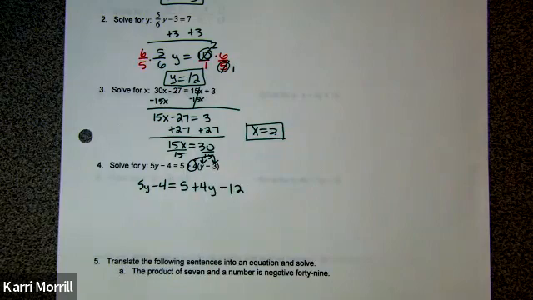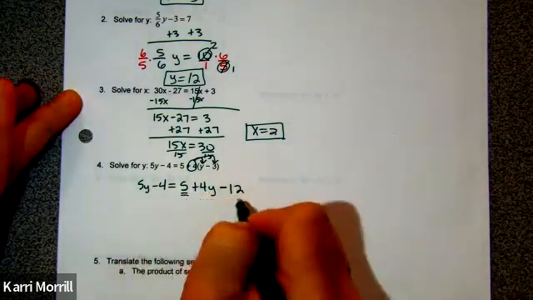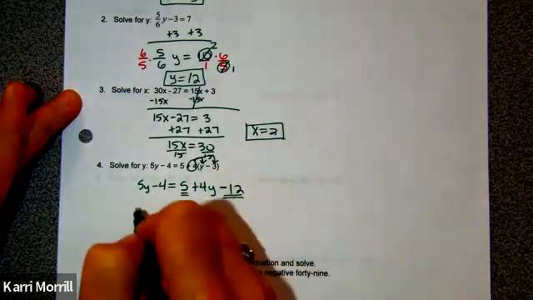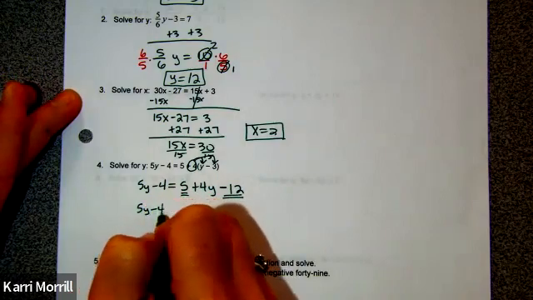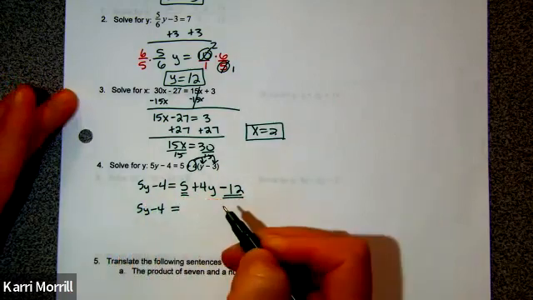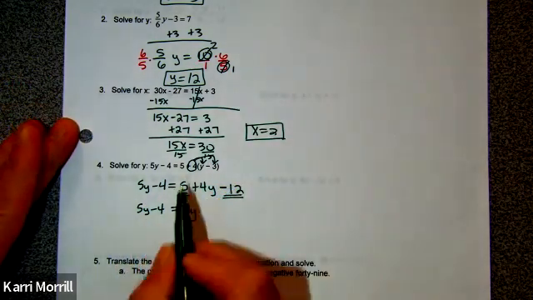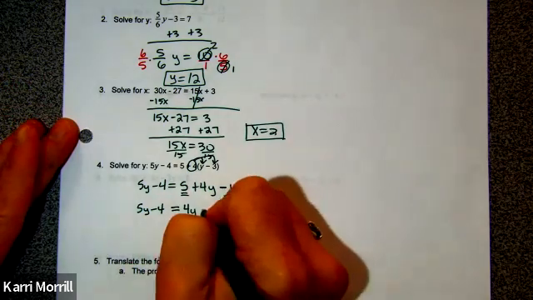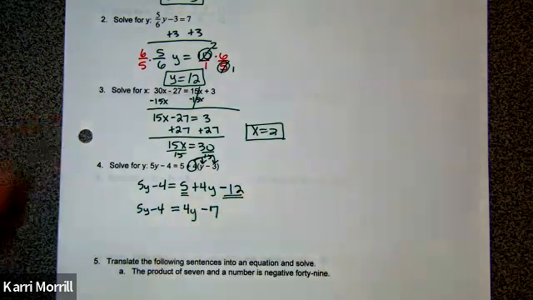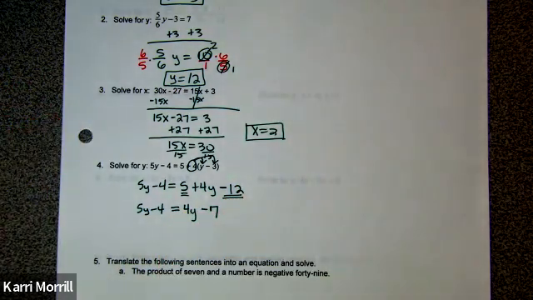And then really, before you start moving anything around, we need to combine those. 5y minus 4 equals, I'm going to write 4y down, and then 5 minus 12, negative 7.